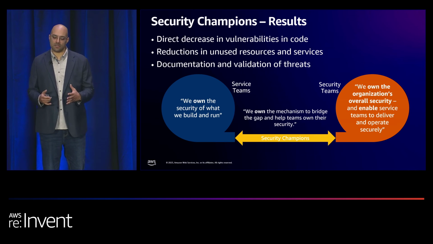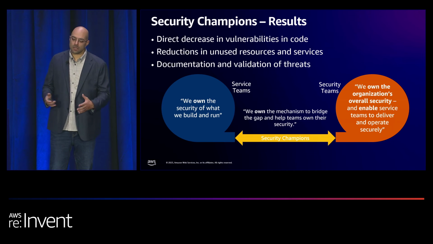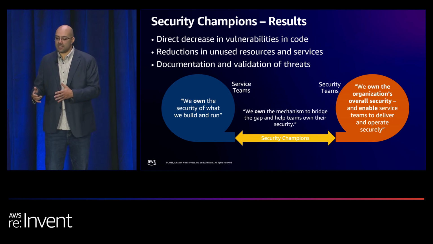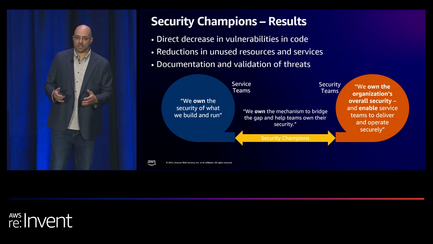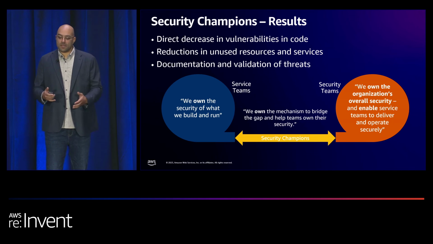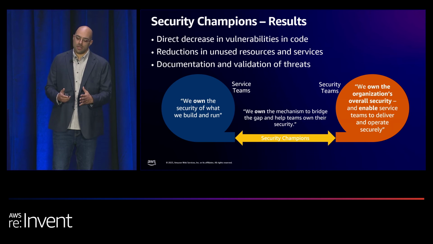Whereas service teams own the security of what they build, and our security team owns the overall security of the organization, the Security Champions program owns the mechanisms to bridge that gap in whatever part of the journey those service teams are.